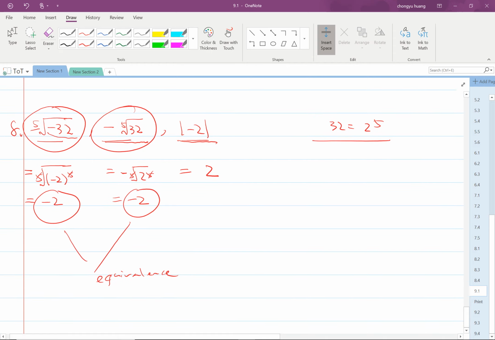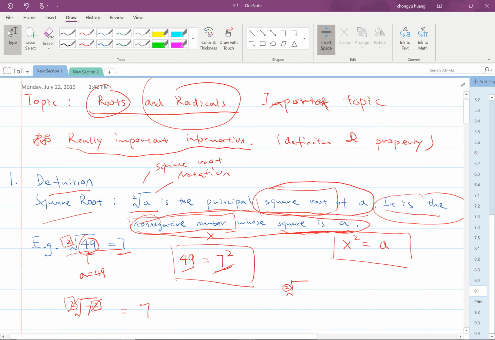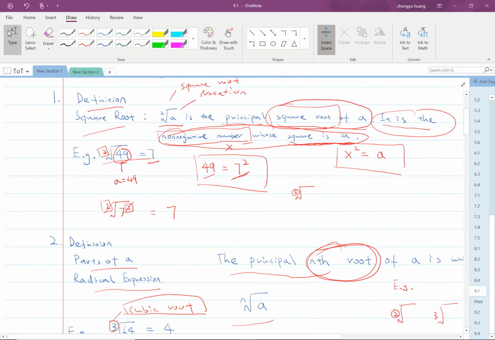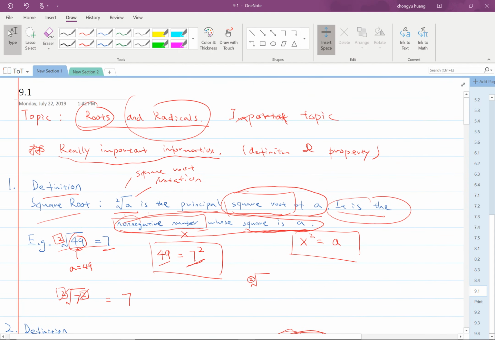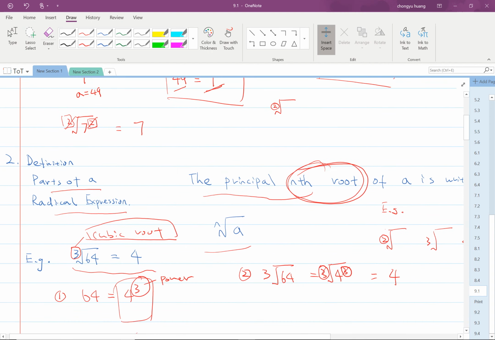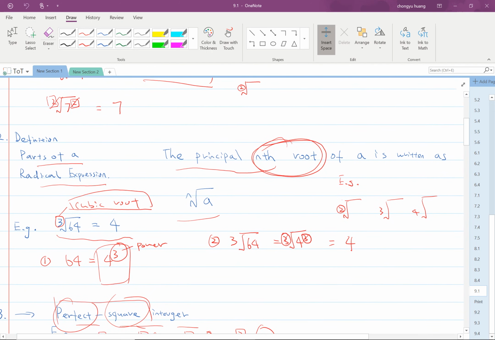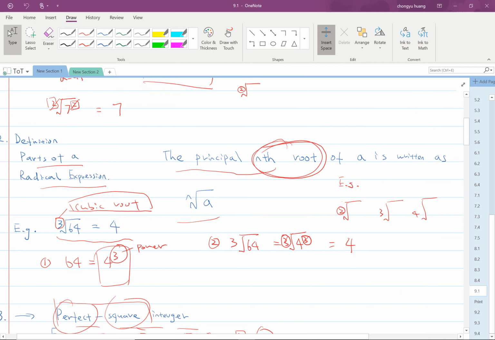In this topic, we basically covered a lot of definitions. We covered the definition of the square root and how we solve it, and then the definition of the radical expression, a more general one.